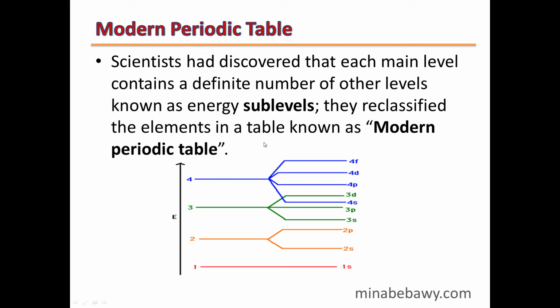The total number of energy sublevels is 4. They are s, p, d, and f. So scientists reclassified the elements in a table known as the modern periodic table.